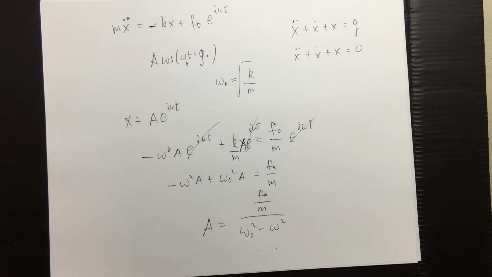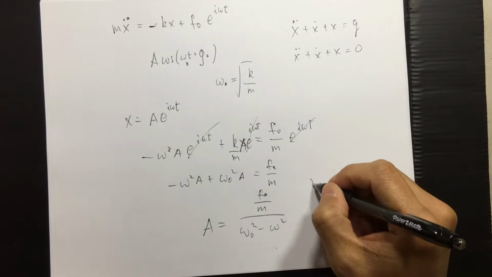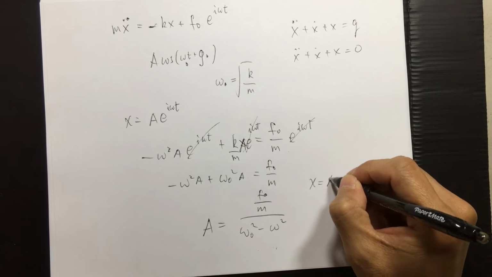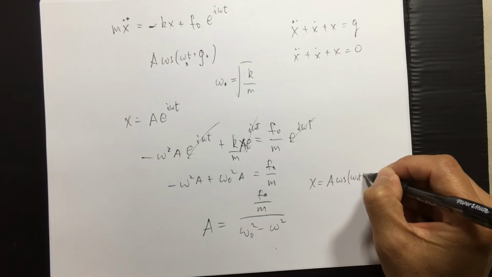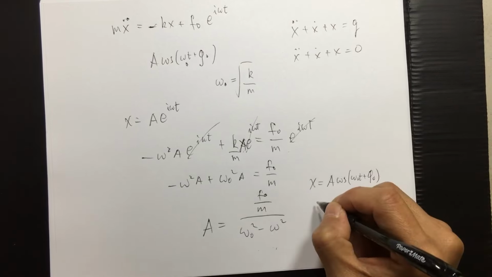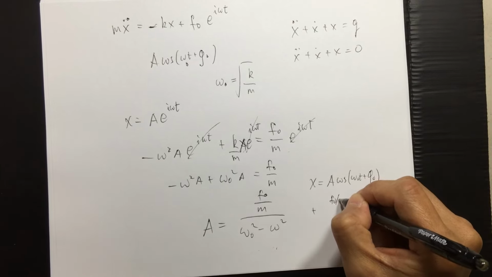But anyway, I'm going to just write this up. The solution is x equals A cosine omega 0 t plus F0 over m.